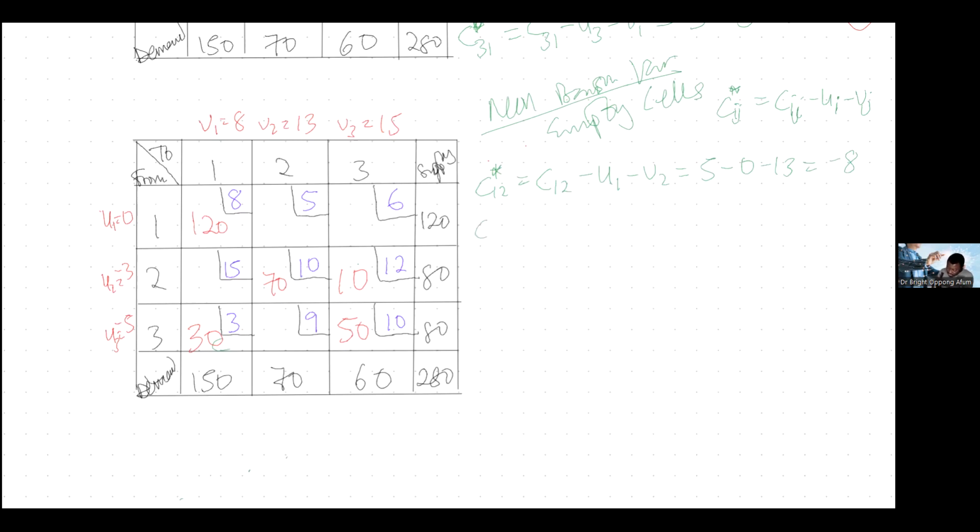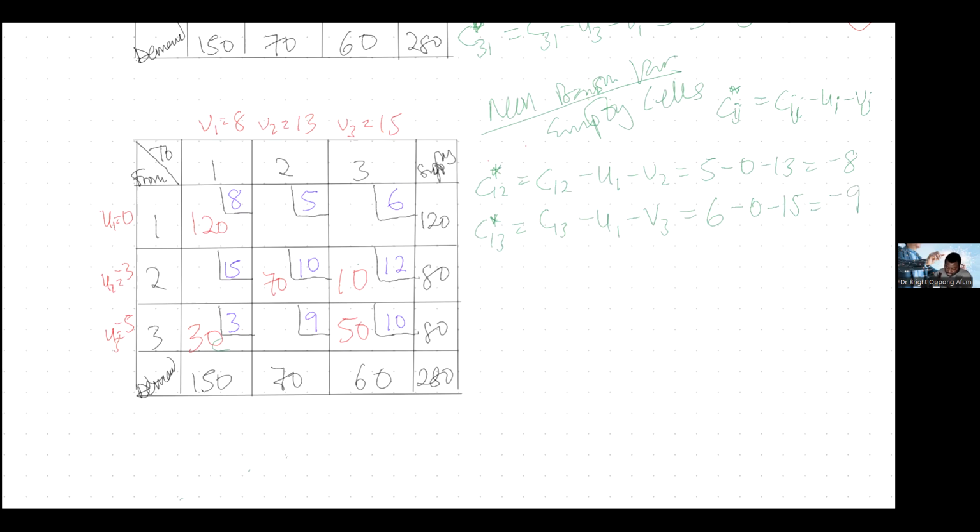All right. So the next one is C13, and that is C13 minus U1 minus V3, right? And C13 is, it's not the asterisk, the C13. So C13 is 6 minus 0 minus 15, and that is -9.